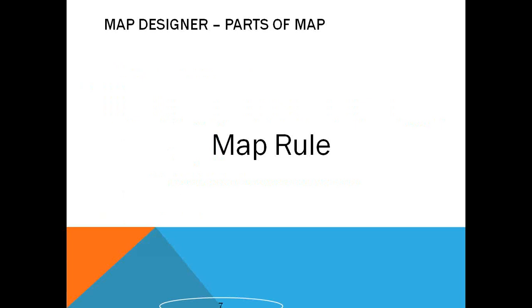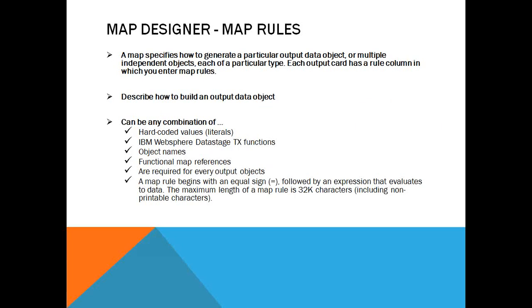So next one is the mapping rule. A map specifies how to generate a particular output data object or multiple independent objects, each of a particular type. Each output card has a rule column in which you enter the map rules.